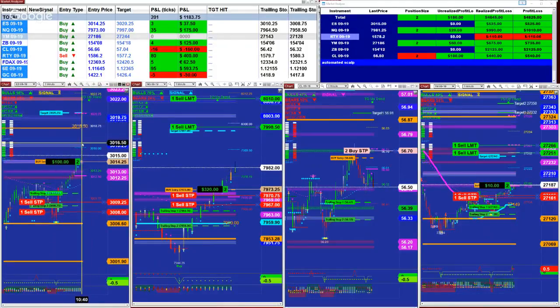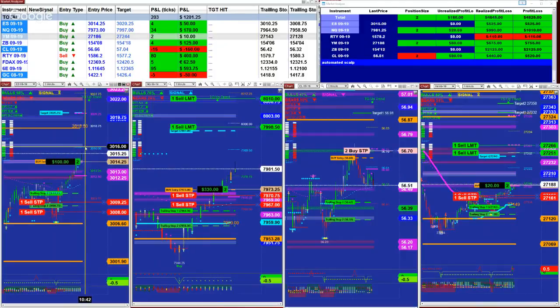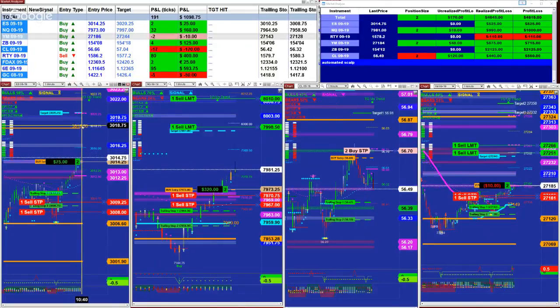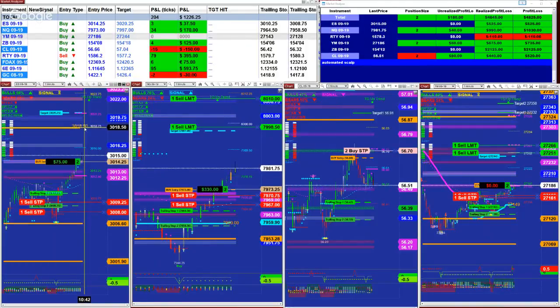So on that trade, you gotta watch out at the 16 level. There is a resistance, and then you have a bigger resistance at 3018 as a re-entry point. This is a very nasty area on the ES, the 3018.50.